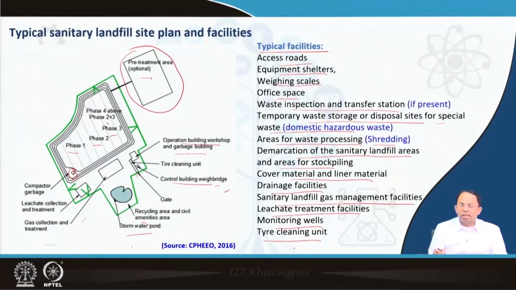Once a vehicle moves out of the site, if the tire is dirty, it will keep spilling garbage on normal urban roads. That is not desired, so tire cleaning units are also installed. So these are the typical facilities in the landfill site.